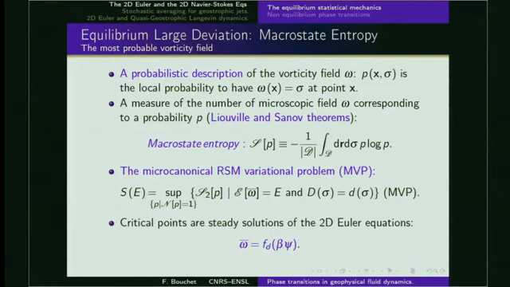The reason why the vorticity at different points can be understood as independent from one another here is related to a completely different reason. It is because there is a long-range interaction, and because each point feels the interaction of many other points. So this is the reason why such an entropy appears here to describe the probability of the macrostates.